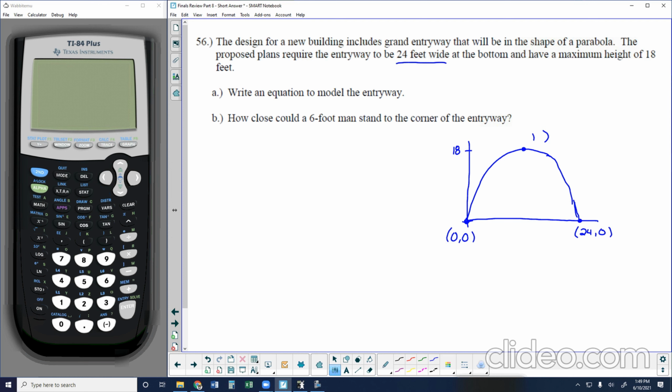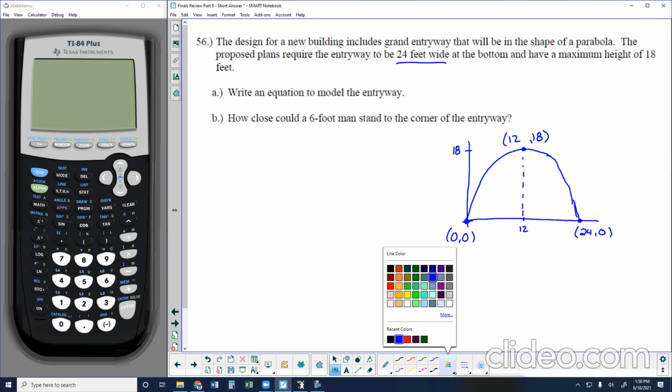The vertex is the highest point, the turning point of the parabola opening down, at a y value of 18. Remember that all parabolas have an axis of symmetry, which divides the parabola in half. This occurs at the x value of 12. So my vertex is going to be at 12, 18.